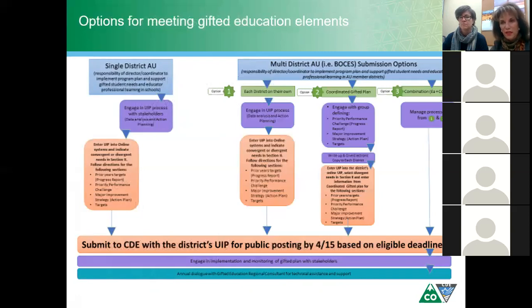They do their data analysis, find commonality in it, and write up the 4 elements for UIP inclusion: the data analysis, the performance challenge, the major improvement strategy and action plan, and the targets. Then each representative copies and pastes that information into their district's UIP.